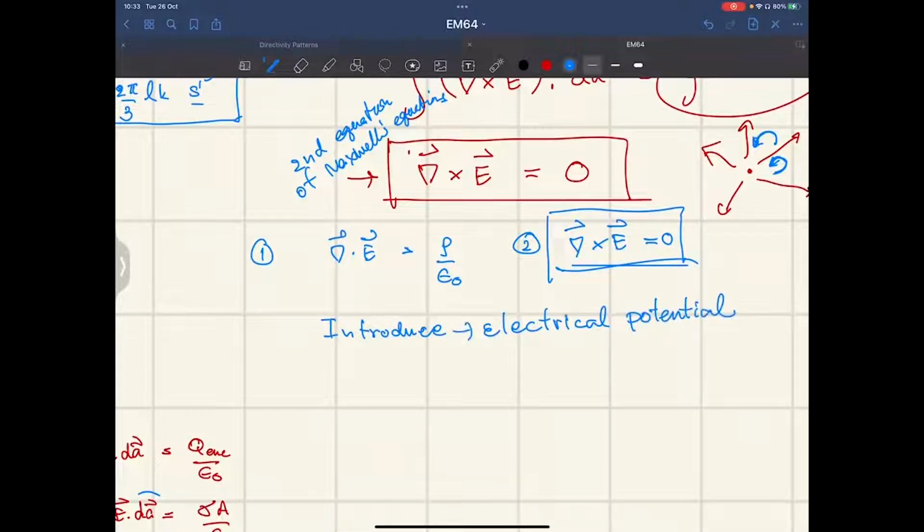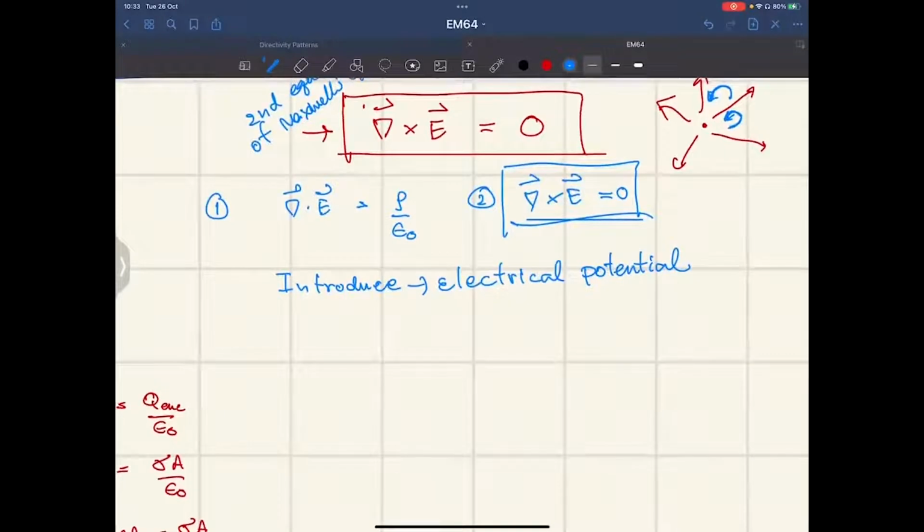If this is true, you can write the E field equal to the gradient of some scalar function.